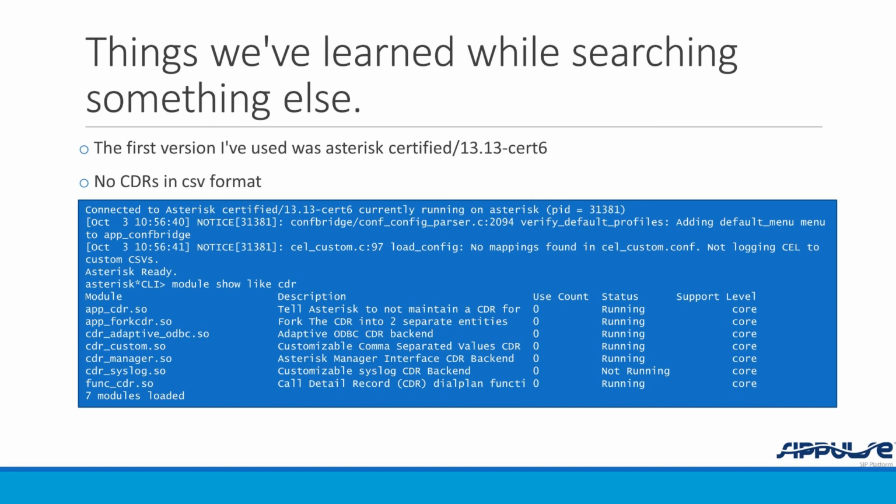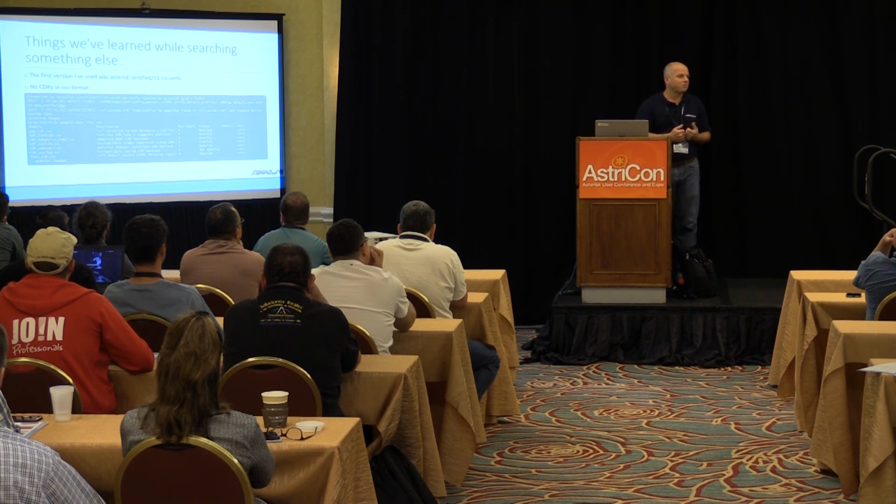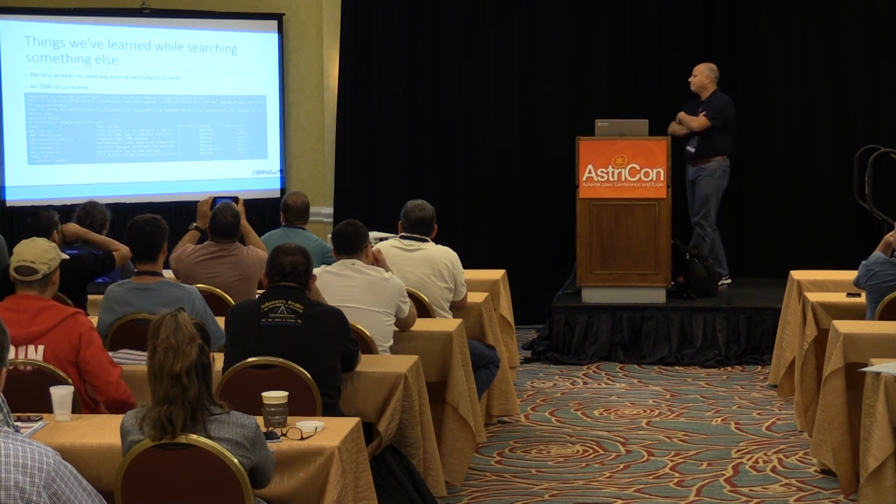And I was trying to find why I was getting poor results with the latest version of Asterisk 13. And then I said, maybe it's the CDR. And then I went to the server and said, let me see which CDR modules I have on the system. And I looked at the modules, and there was no CDR. Not even the CSV. I said, well, kind of strange. No CDRs in CSV format on Asterisk 13.